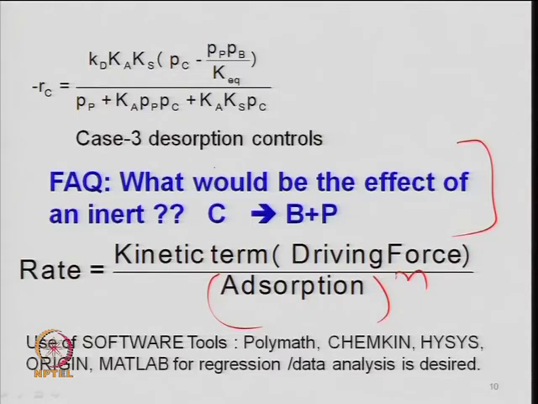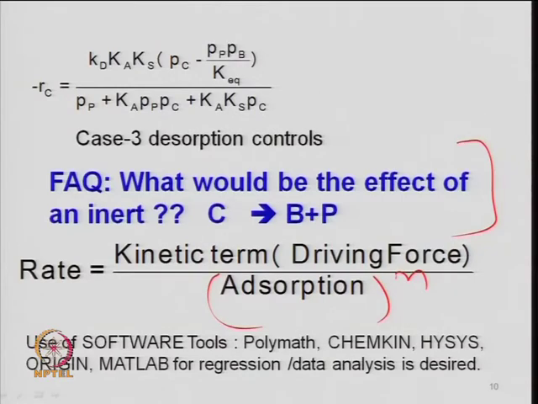One can use software like Polymath, which is one software tool available for kinetic study. Also Chemkin, HYSYS, Origin, MATLAB. These are used for data analysis or regressing the data, and that can be attached with an optimization package, and then one can find the optimal parameters for the reaction, which will be important for the design.